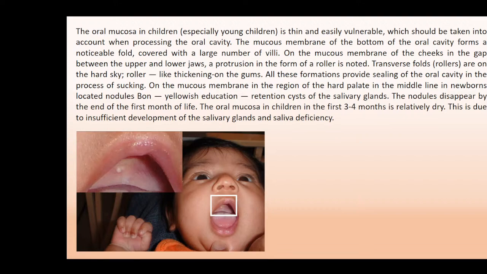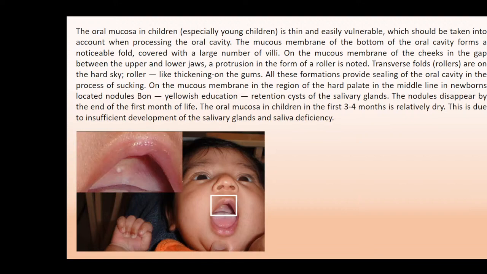On the mucous membrane in the region of the hard palate, in the middle line in newborns, are located Bohn's nodules, yellowish formations, retention cysts of salivary glands. The nodules disappear by the end of the first month of life.